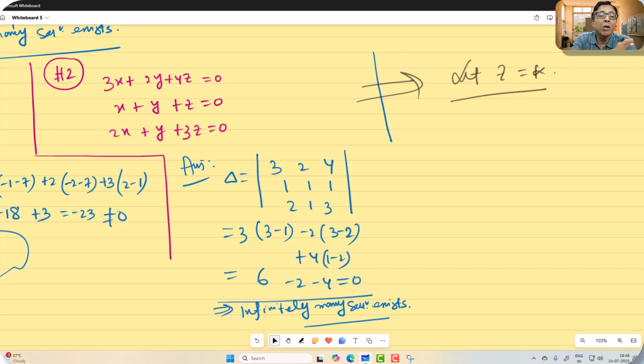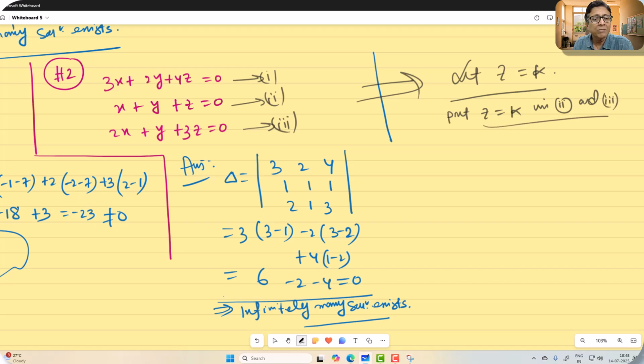And don't involve 3 equations, take just 2 of them. That will be enough. Three equations are there, we are putting z equal to k in any 2 of them. So put z equal to k in 2 and 3.